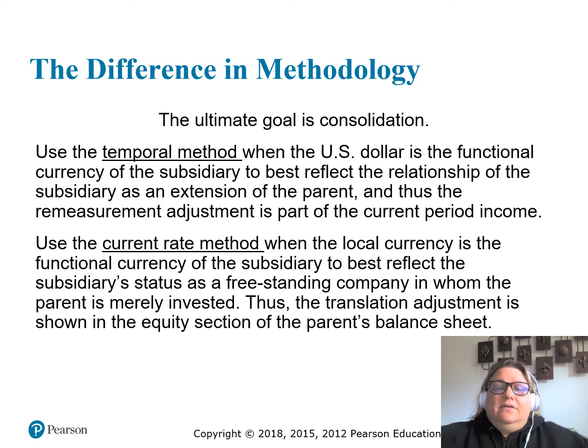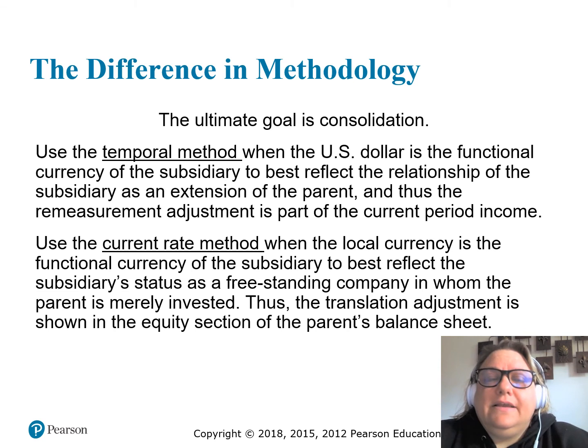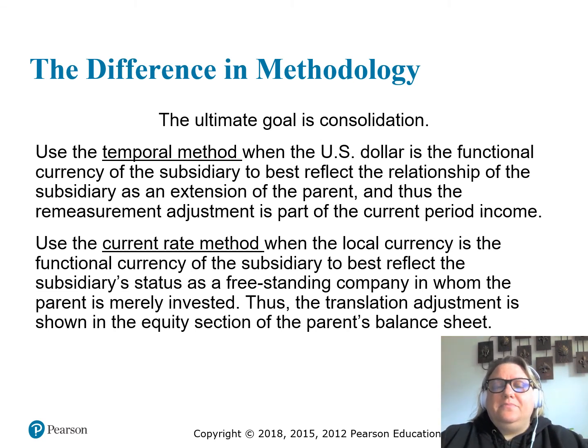Okay, so here, let's look at the differences in methodologies. Let's put some big picture thought behind it. In the temporal method, the US dollar is the functional currency of the subsidiary, to best reflect the relationships of the subsidiary as an extension of the parent. And thus, the remeasurement is part of the current period income.